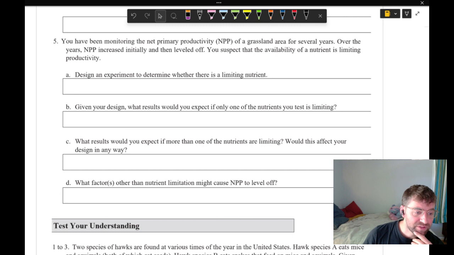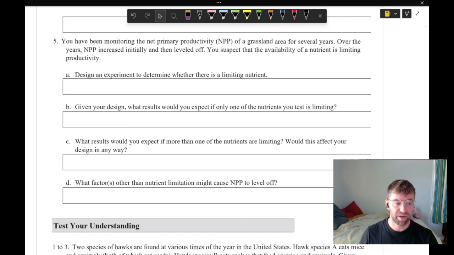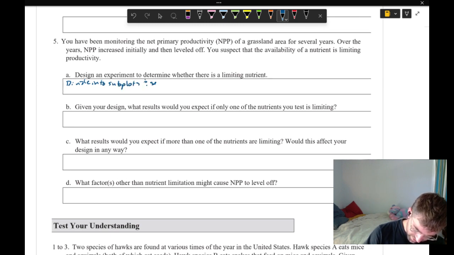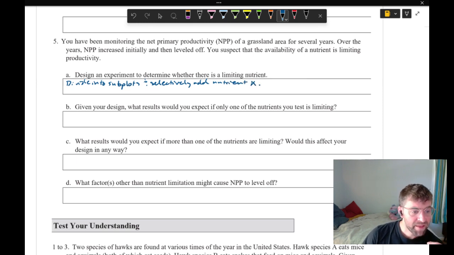So for example, you could subdivide the area into a number of smaller plots and then treat some plots by adding the nutrient and leave the others untreated. So divide into subplots and selectively add nutrient, we'll say X. Then measure the net primary productivity produced in each type of plot.